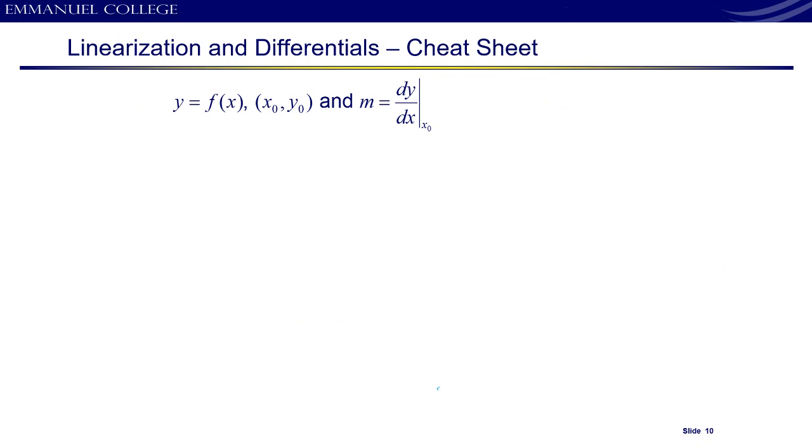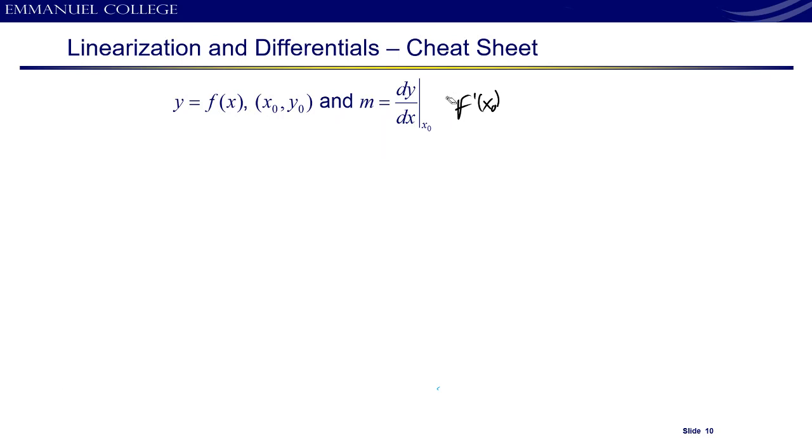So here's the cheat sheet for it. And by cheat sheet, I mean I'm just gathering everything in one place. So if y equals f of x, and you're given the points x naught and y naught, then your m value, or the slope, is going to be dy dx evaluated at x naught. Same thing as just having f prime of x naught. I can write an equal sign.